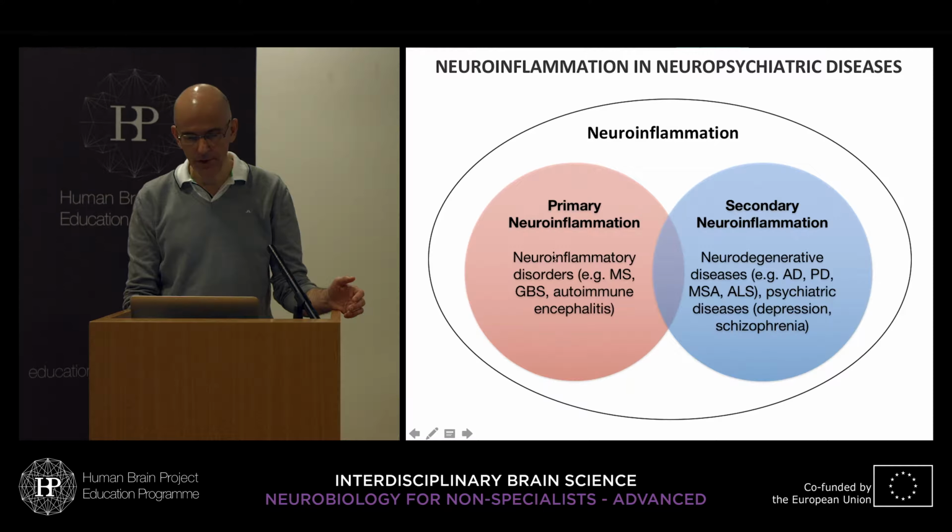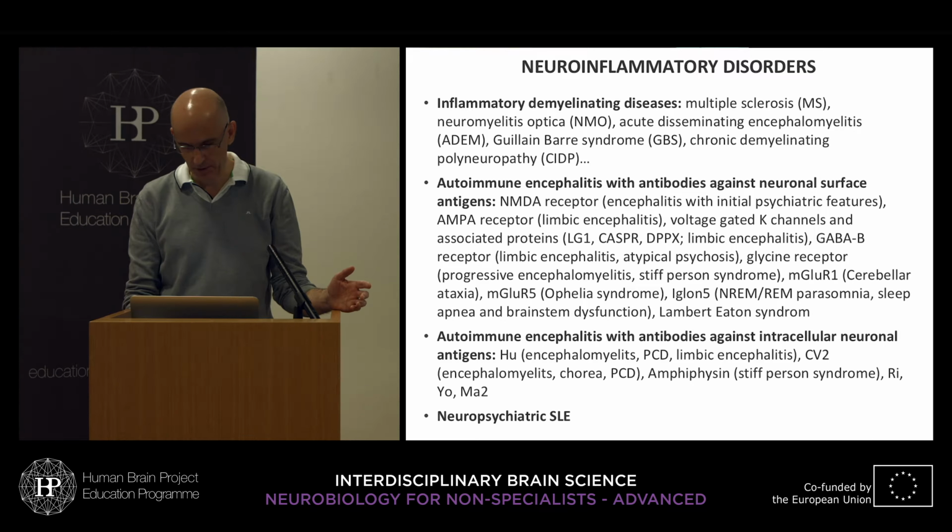The main difference is that in the primary diseases we think that the immune response directly leads to nervous system tissue damage, whereas here it's a secondary phenomenon, a consequence of primary neurodegeneration and primary nervous system damage.